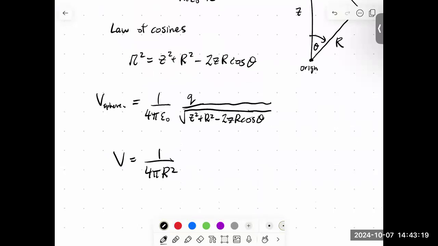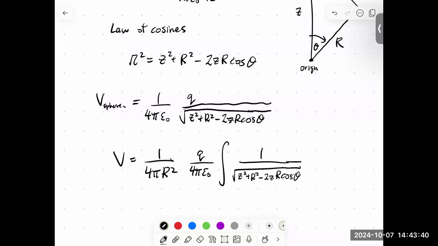So this is our potential at a point on the sphere. We've got some constants, q over 4 pi epsilon naught, and then we're going to integrate over our sphere. So we have 1 over all of this stuff, z squared plus r squared minus 2zr cos theta.